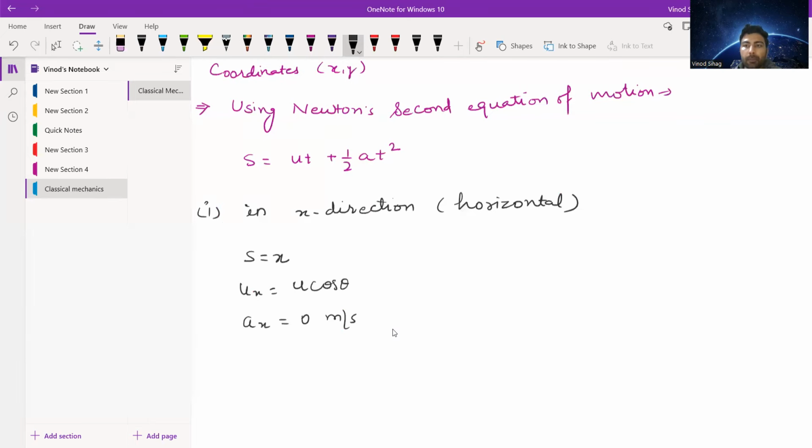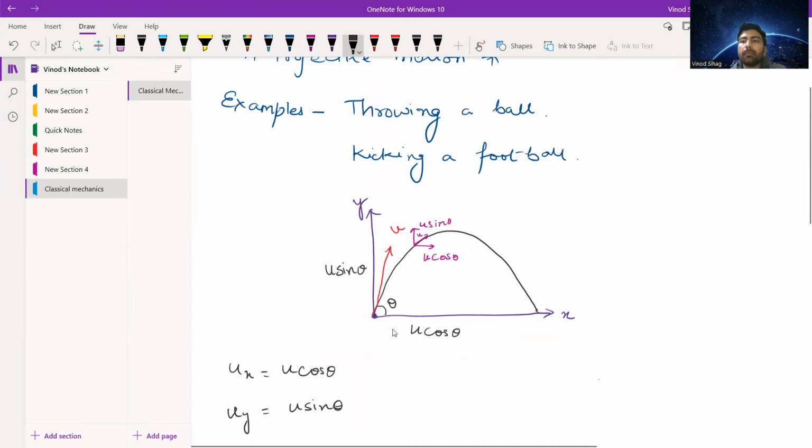Why is it 0? Because we know that when we throw any projectile in the upward direction, there will be only acceleration in the vertical direction. There will not be any acceleration in the horizontal direction. Okay, because the particle is going in the vertical direction, and after some time it reaches the ground.